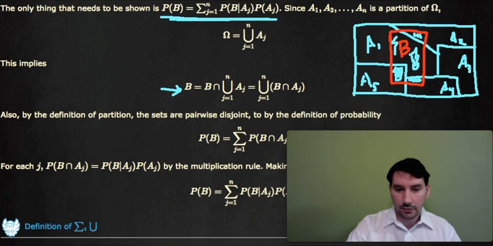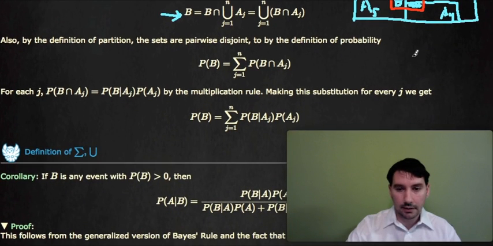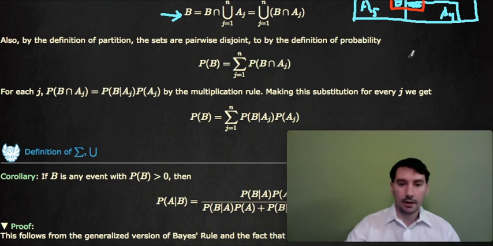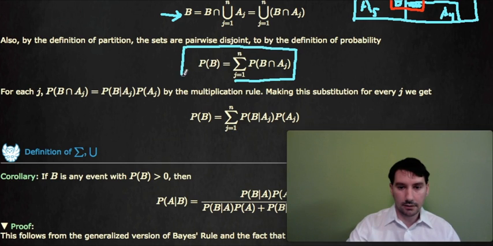And since these are disjoint and they're equal to B, by the rules of probability, remember the definition says the probability of a disjoint union of sets can be written as the sum. So the probability of B is just equal to the sum from j equals 1 to n of the probability of the B intersect AJs. Then we use the multiplication rule. The probability of B intersect AJ is the probability of B given AJ times the probability of AJ.